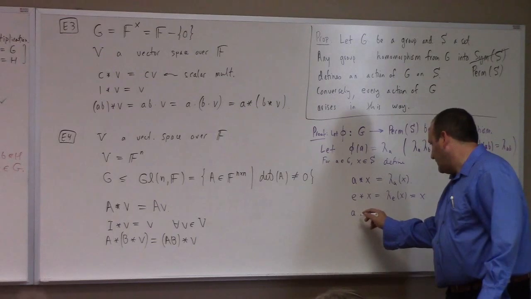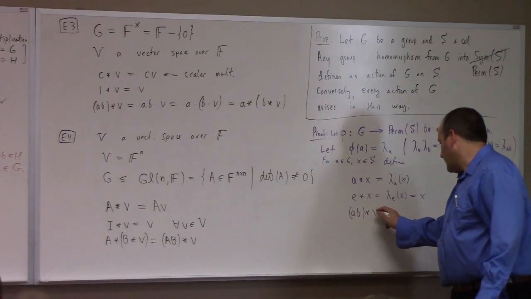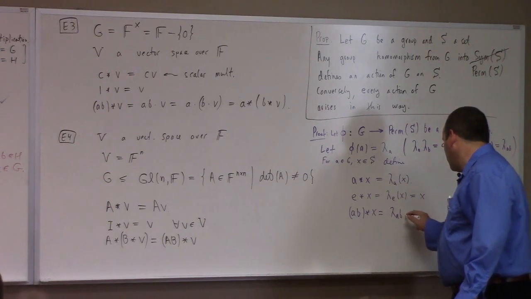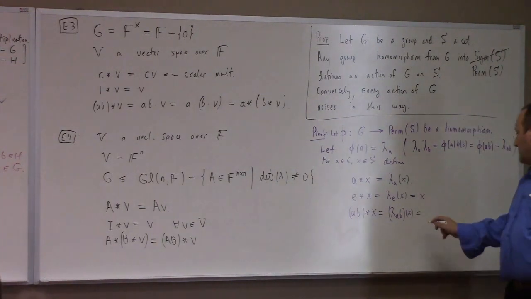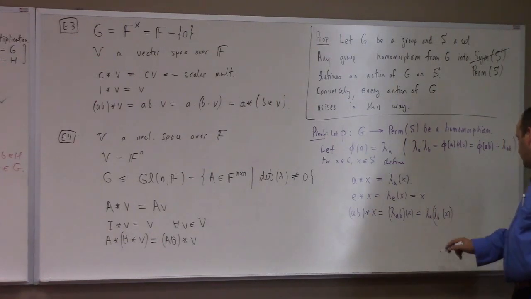Associativity, if we have AB star X, well that's lambda AB of X, right? But by this stuff up here, that's lambda A, lambda B of X, right? Which more completely is really this.